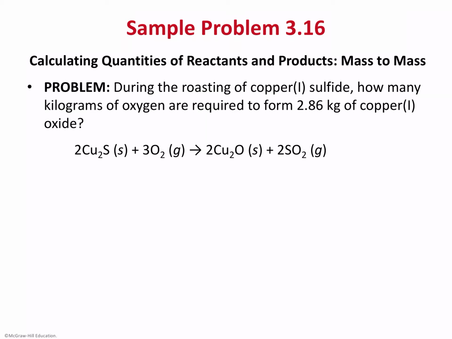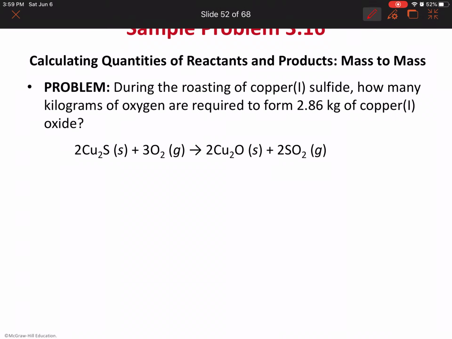The same problem continues. Now it is asking, during the roasting of copper sulfide, copper 1 sulfide, how many kilograms of oxygen are required to form 2.86 kilogram of copper 1 oxide.